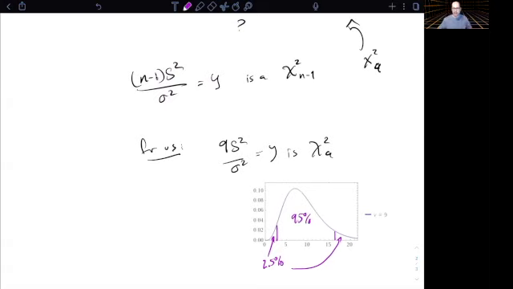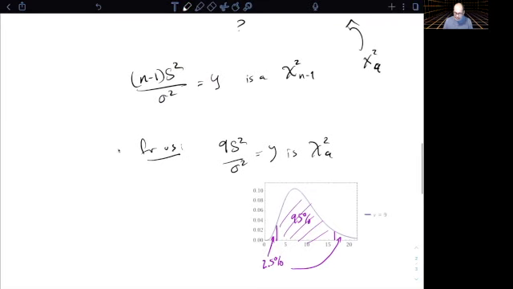We're going to be nice and egalitarian about it. And we're going to say that any chi-squared variable is going to be 95% certain to lie in a region like this. And that's how we're going to come up with our interval of 95% certainty.